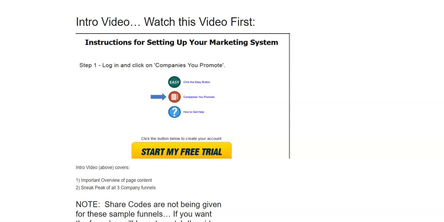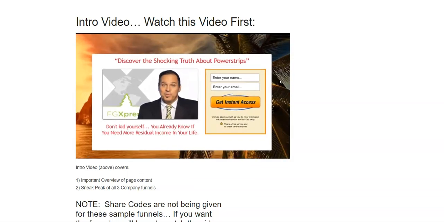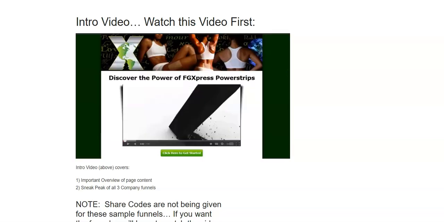So what I did is I picked 3 different network marketing companies at random. It just so happens I'm not in any one of these companies, but I just chose these companies as examples to create these funnels for you. And let me give you a sneak peek. Here's the lead capture page to the first company. And this is, I believe, sales page 2 of the first funnel that I created.